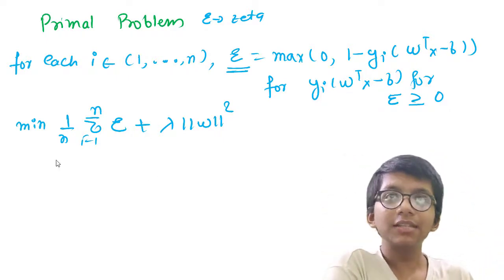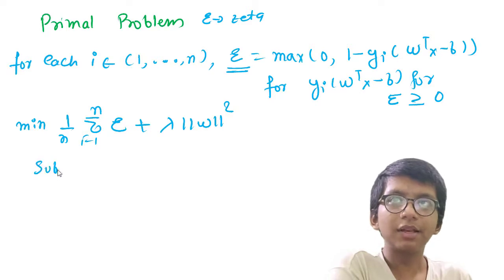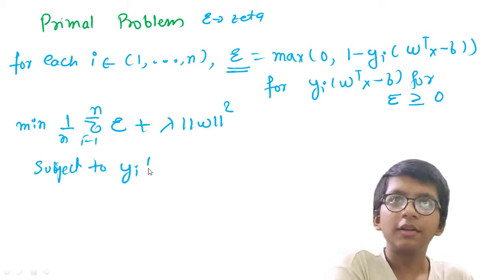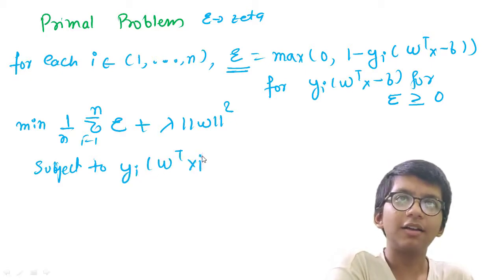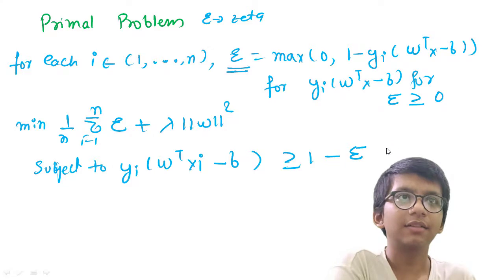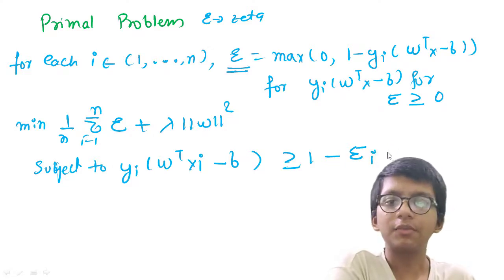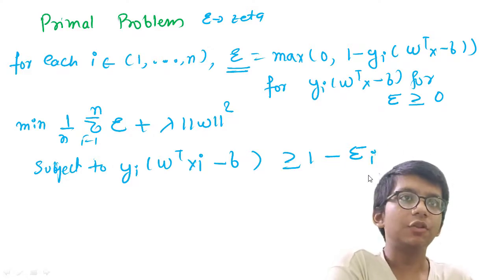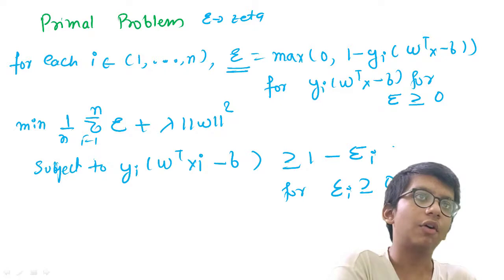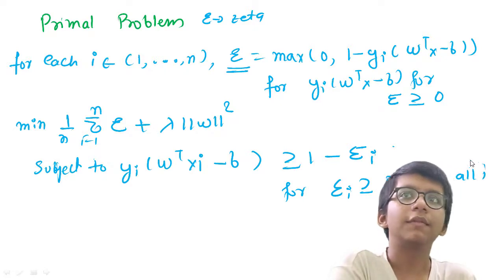Subject to y_i (w transpose x_i minus b) greater than or equal to 1 minus zeta_i, and zeta_i greater than or equal to 0 for all i.